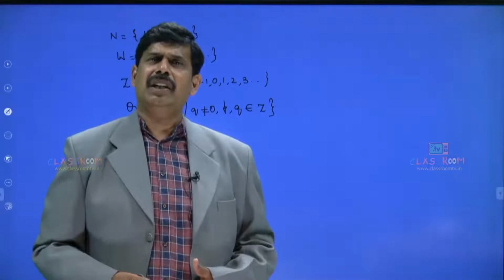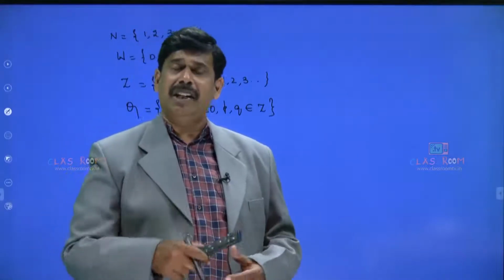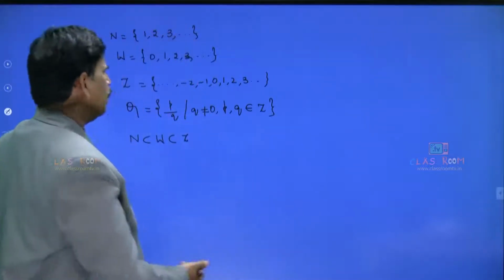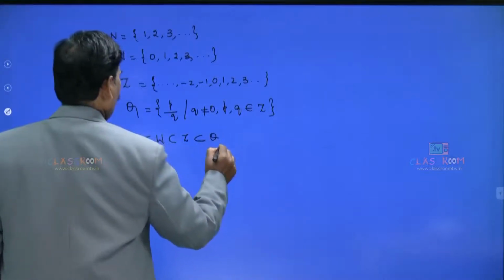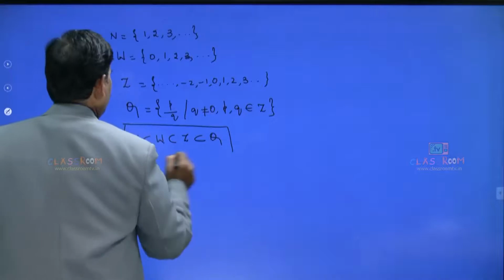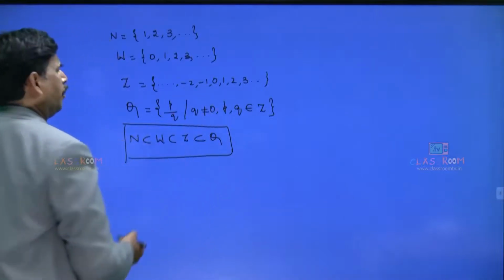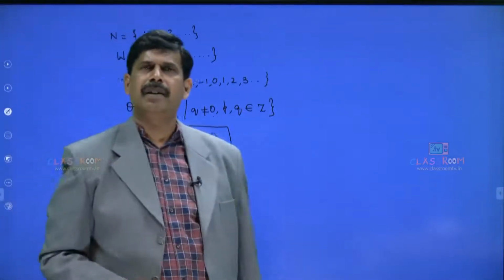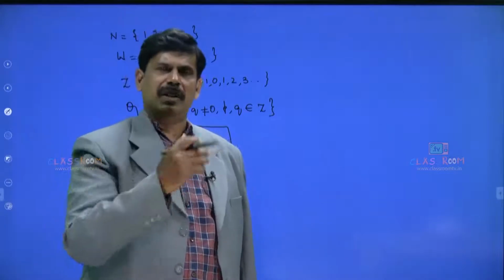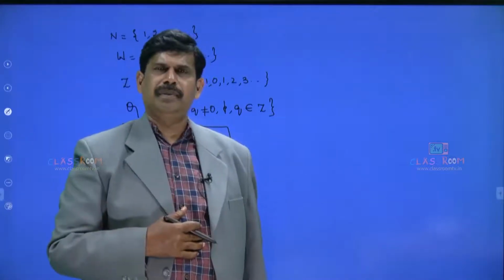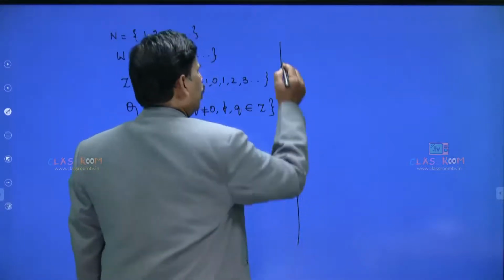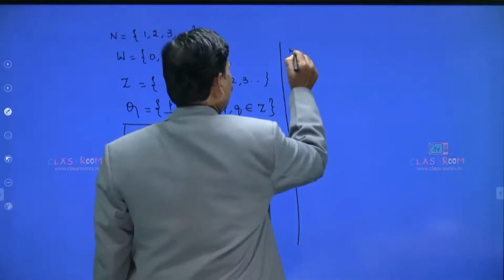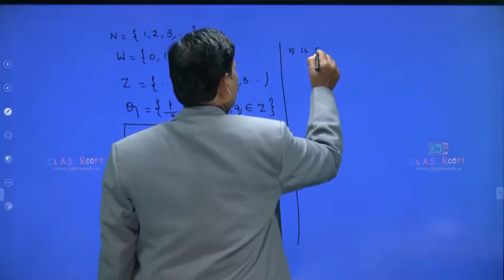Say minus 10, that can be written as minus 10 by 1. So all these numbers are present in the set of rational numbers. So we call the integers also subsets of rational numbers. Then what happens in the converse? Say suppose 5 is a rational number.